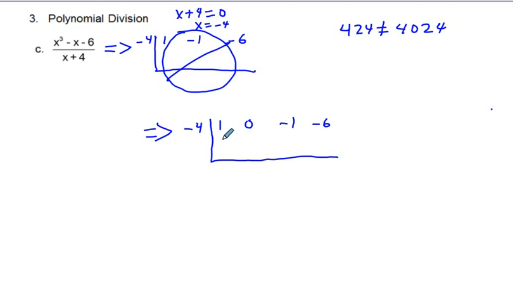So we just work below here. We bring down 1. Negative 4 times 1 is negative 4. 0 plus negative 4 is negative 4. Negative 4 times negative 4 is 16. Negative 1 plus 16 is 15. Negative 4 times 15 is negative 60. And negative 66 is our remainder.